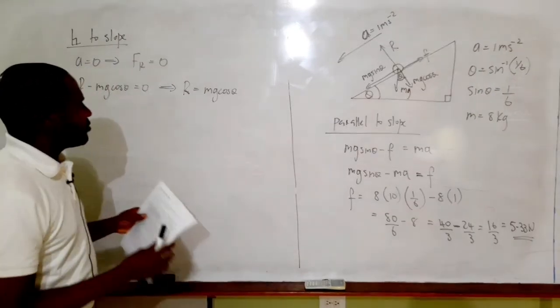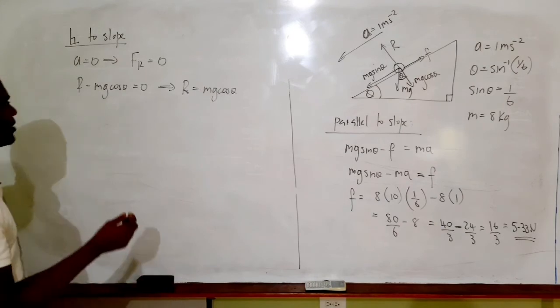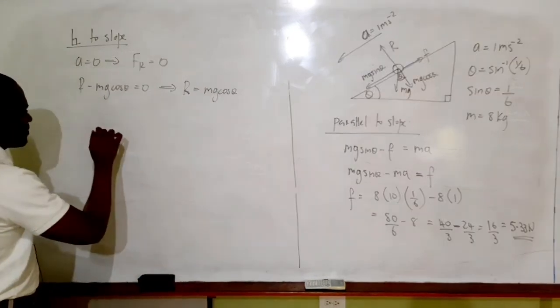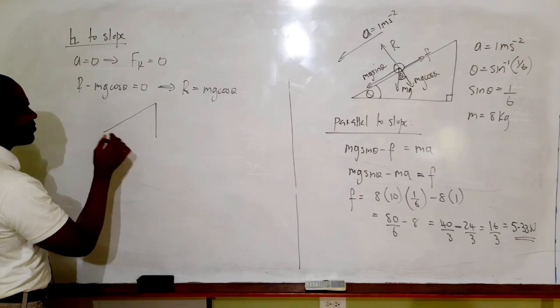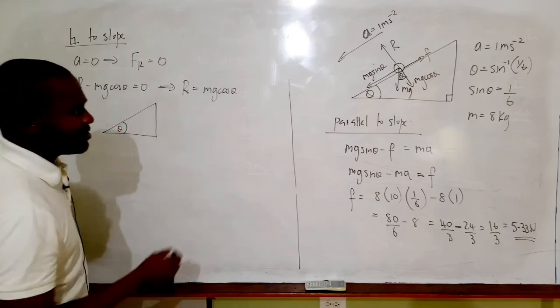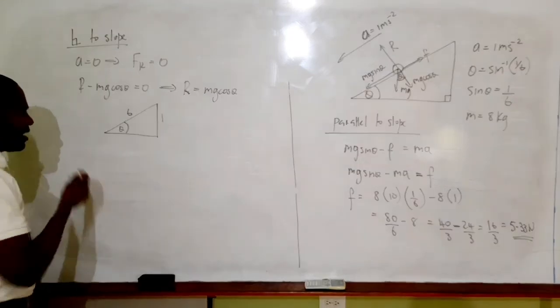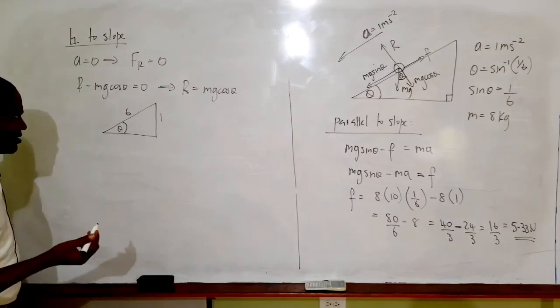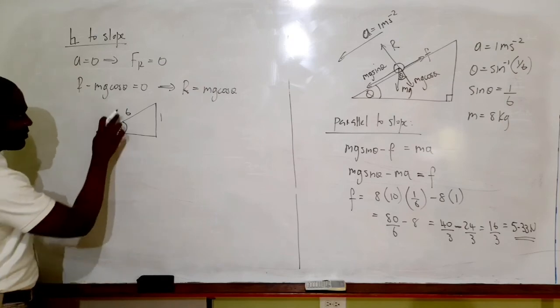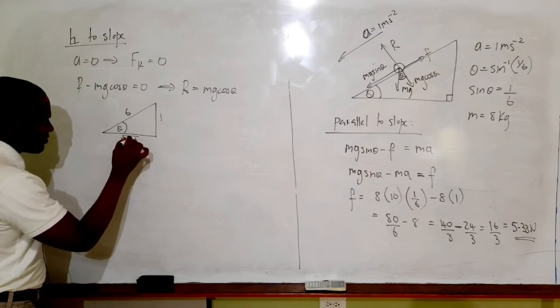We could work it out though, because we could do it one of two ways. Let's just draw a little triangle here. Theta. We're told that sine theta is equal to 1 over 6. So this is 1, then this would be 6, and by Pythagoras' theorem, this would be the root of this squared minus that squared. This would be root of 35.